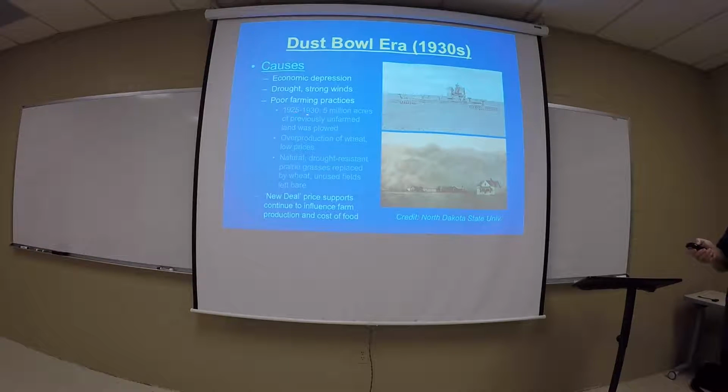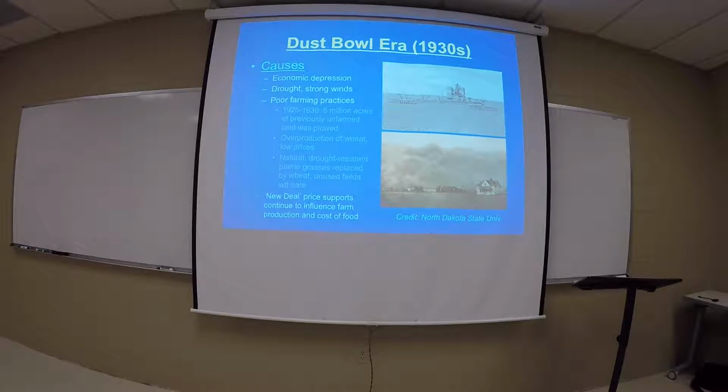During the period 1925 to 1930, there were 5 million acres of previously unfarmed land that was plowed. So that's a huge area in the plains states. There was a great overproduction of wheat, but continuing low prices. So I think with the Depression, the farmers felt that the only way that they could make a profit was to produce more and more and more.